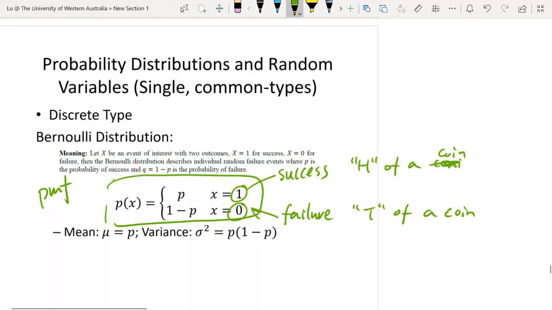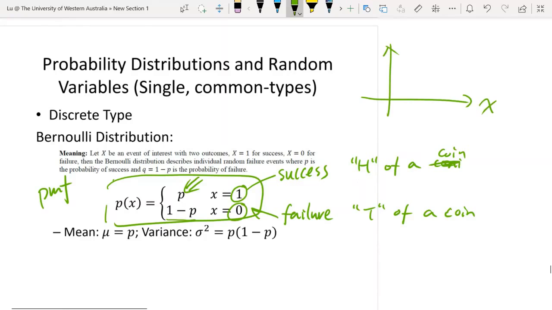But we are using two numerical values, 1 and 0, to represent the two possible outcomes. The probability that the random variable capital X equals 1 is P. The probability that X equals 0 is denoted by Q, which equals 1 minus P. If you want to sketch the PMF for this Bernoulli distribution, it is very simple.